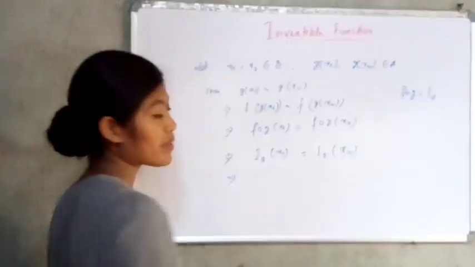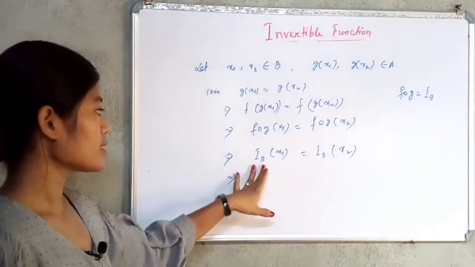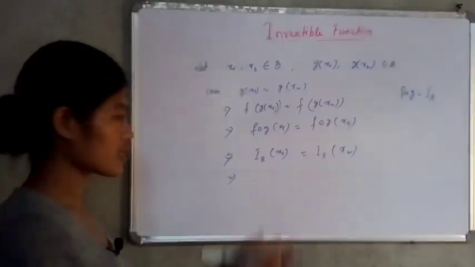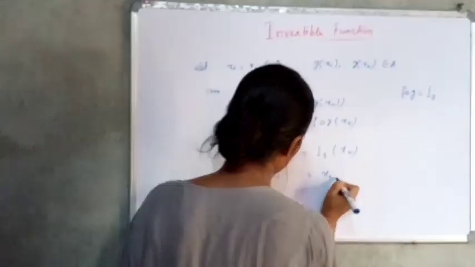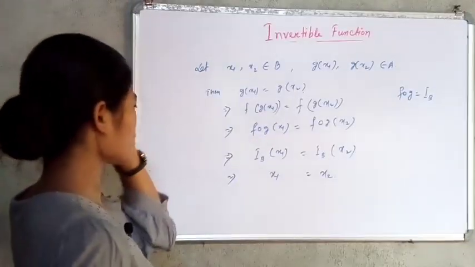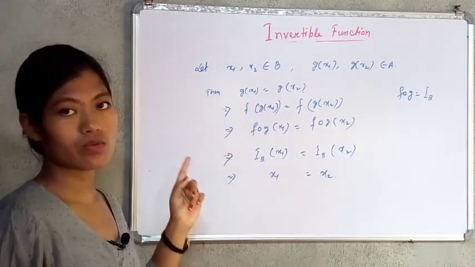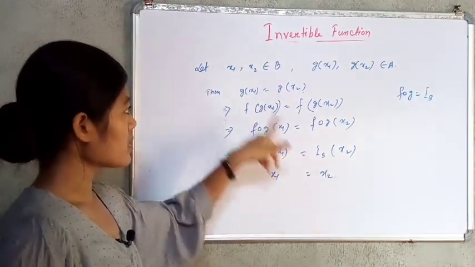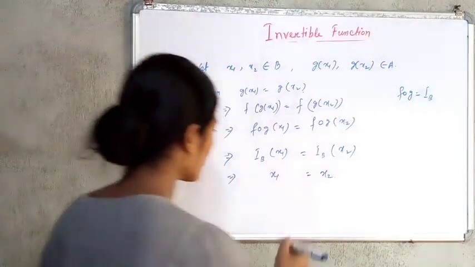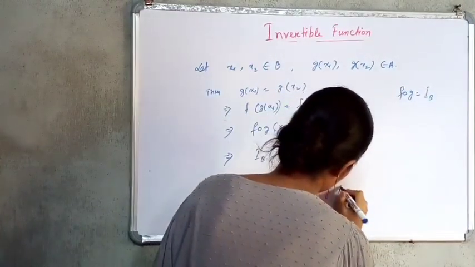And by definition, the identity map of an element is nothing but the element itself. So this implies x1 equal x2. Since we have taken g of x1 equal g of x2 and we finally get x1 equal x2, that means this function g is 1-1. Therefore, g is 1-1.